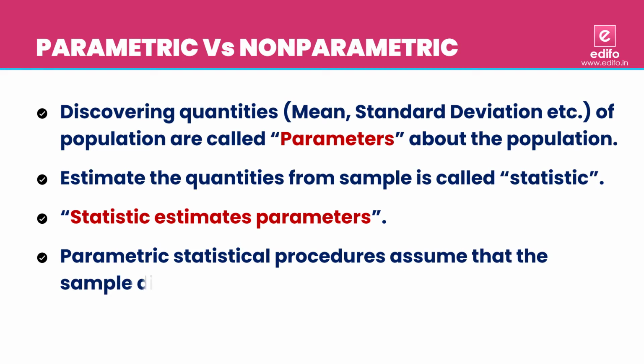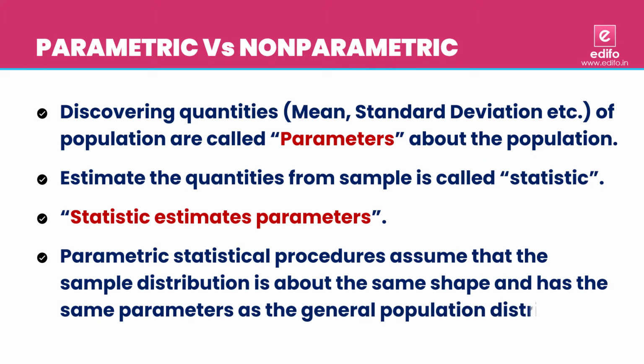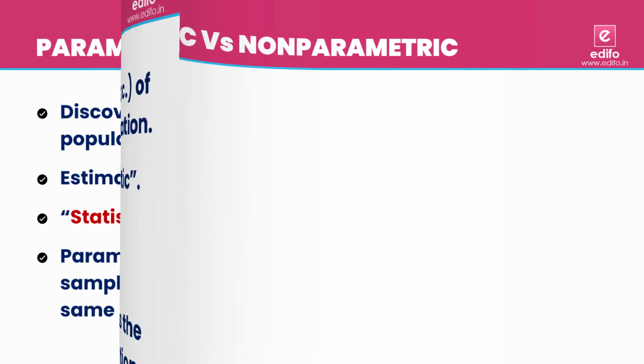So, parametric statistical procedure assumes that the sample distribution is about the same shape and has the same parameters as the general population distribution. It is an assumption. So if we find the parameter from the sample, we assume that all these parameters that we estimate from the sample are equal to the parameters of the population.